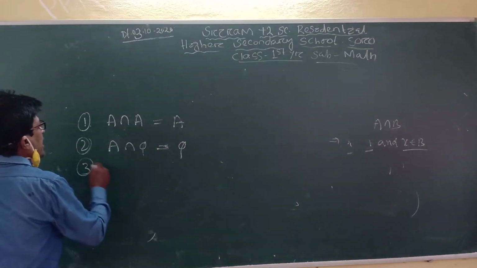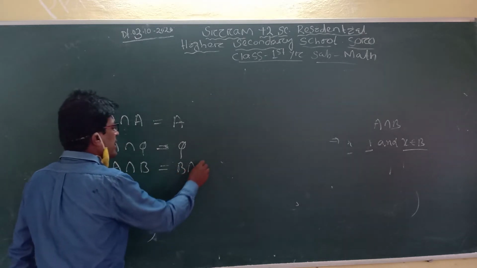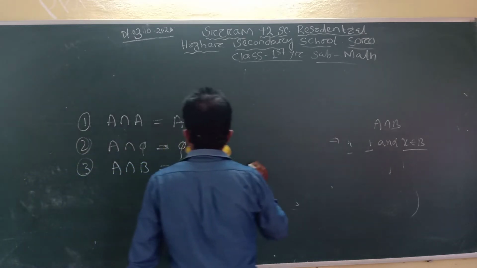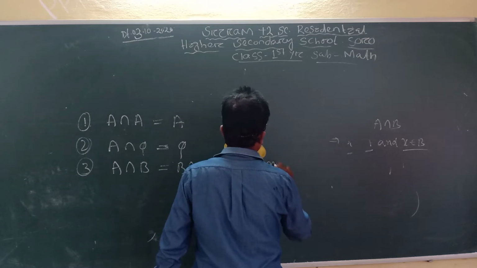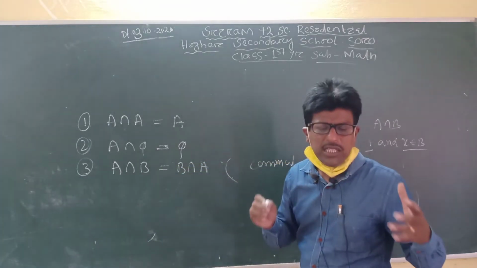3: A intersection B is equal to B intersection A, that is the commutative property. Intersection also obeys the commutative property.